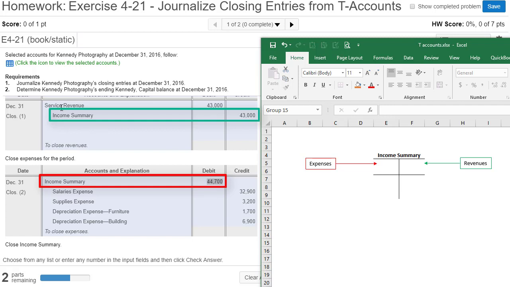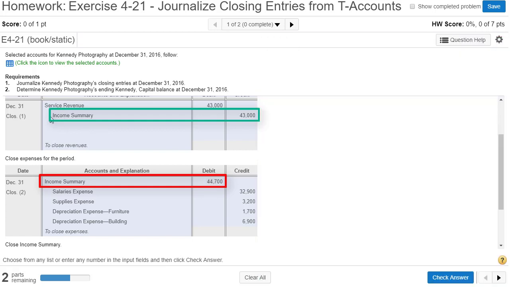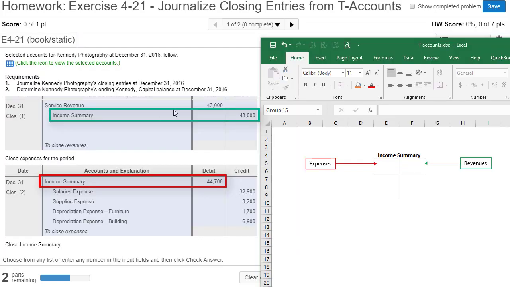So all we need to do is post anytime we've affected income summary. The first time we've affected income summary is we have credited it 43,000. So on my scratch paper, we're going to put 43,000 on the right side because that's what I did in the journal. And then the next time we affected income summary was 44,700 on the left side.